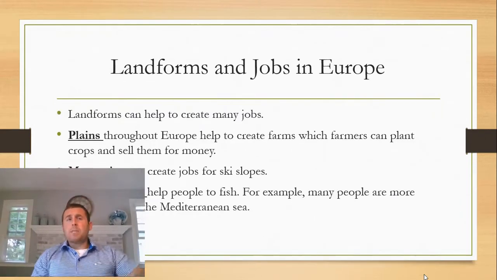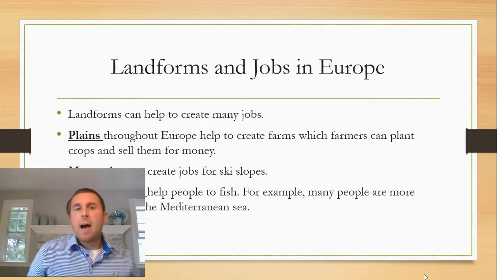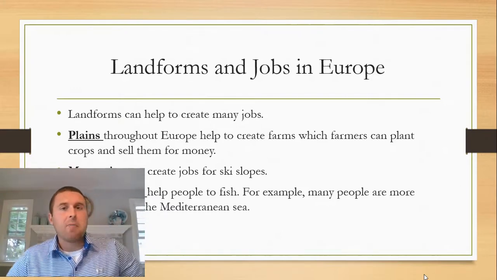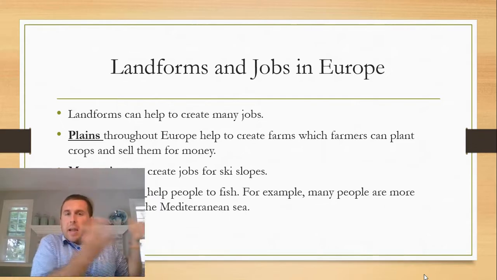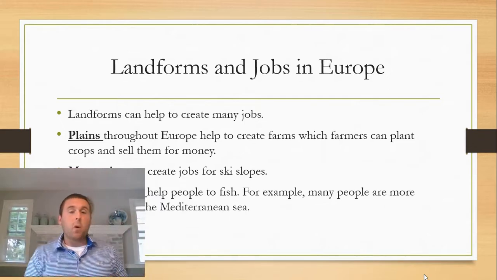So landforms help to create jobs. If you think about New England, we have a lot of jobs because of a landform. We have the Atlantic Ocean right near us, so many people are fishermen. We have towns and cities like New Bedford or Gloucester.